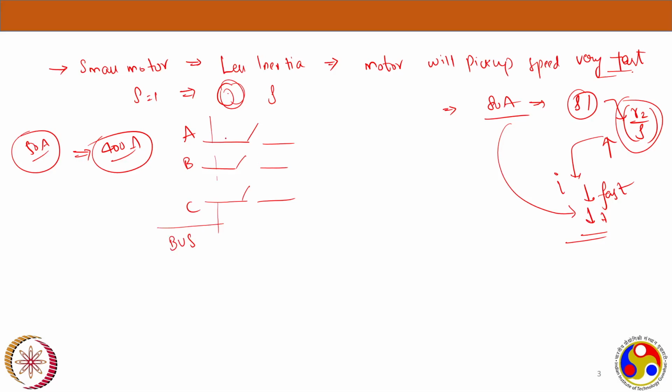Now, these switches are for our motor. In between this, we will have all the loads. So these are all the consumer loads which we are consuming in our household. After these switches, we will have our machine.